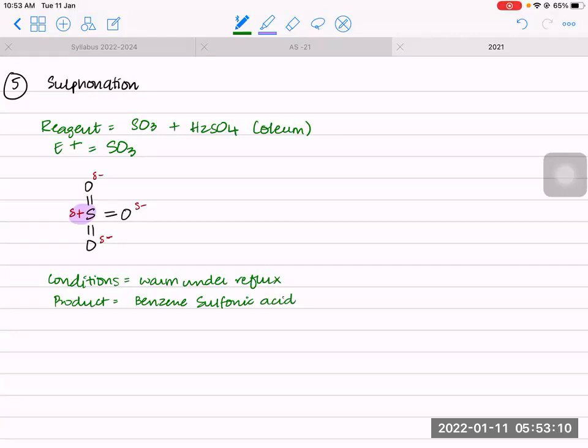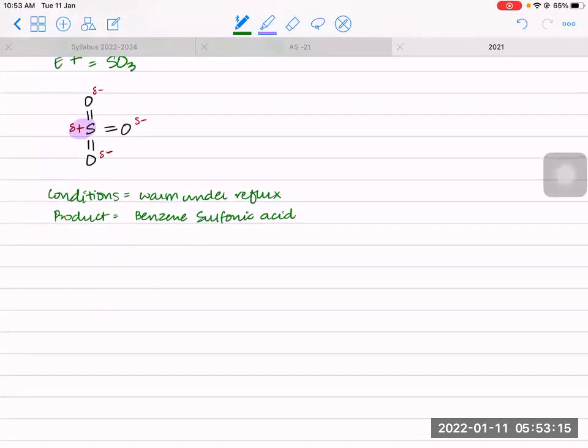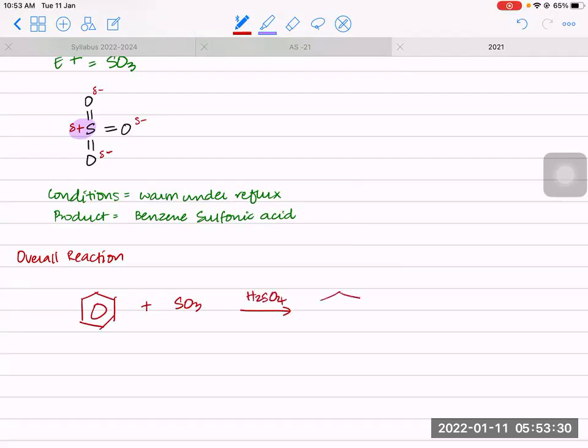Now let's see the overall reaction. The overall reaction would be benzene reacting with SO3 in the presence of sulfuric acid as catalyst, giving you benzene sulfonic acid.